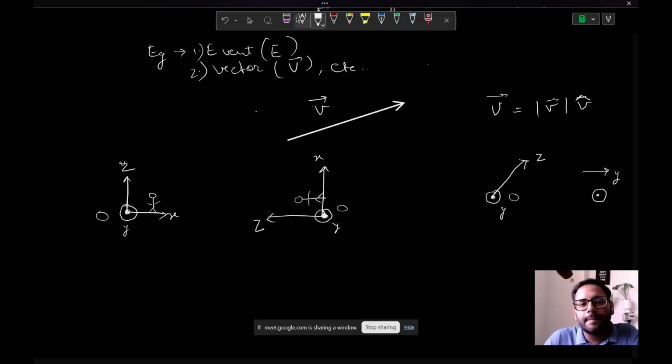This z is actually parallel to the vector. Now I have to draw a perpendicular axis to it. So in this frame, I have another man who has defined height as the z-axis, and he is standing on the x-axis.